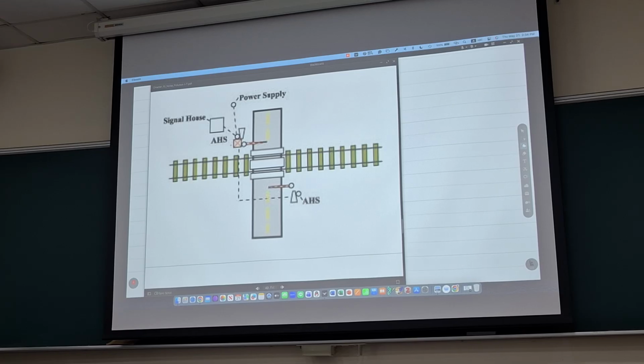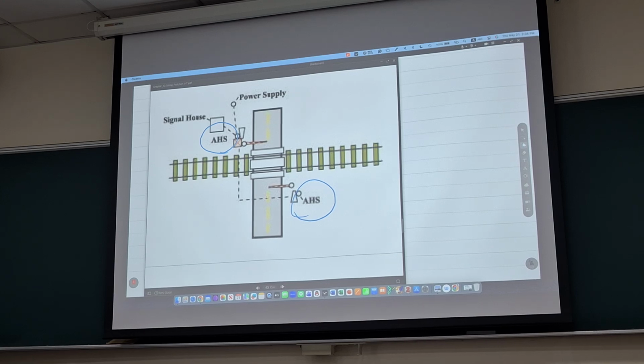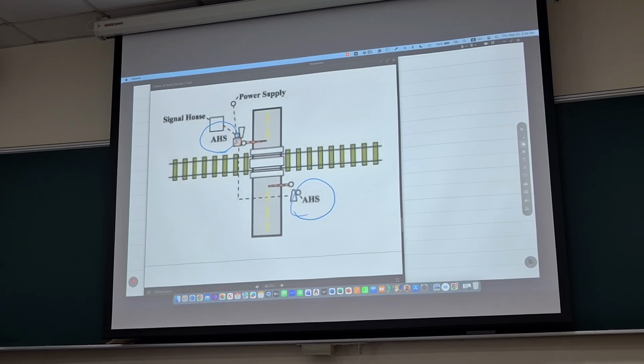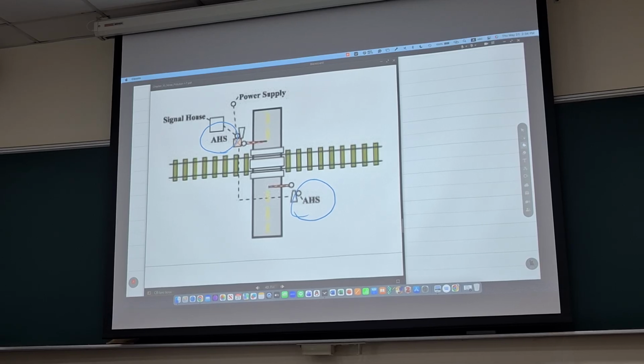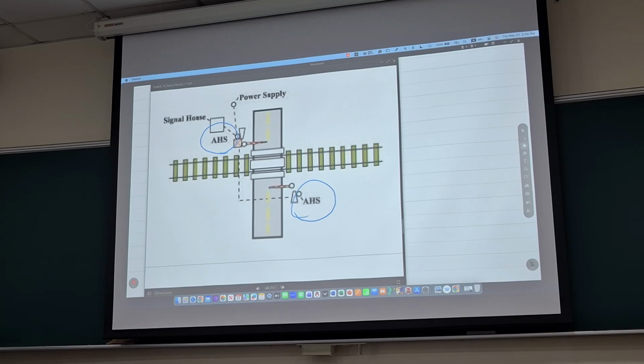Now they want to install this so-called AH system. The drivers of vehicles and pedestrians on the streets near the crossing should be careful. From now on, the driver of the train will not press the horn.